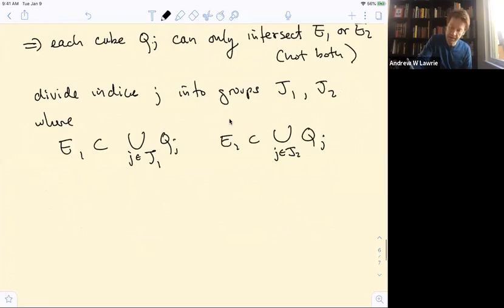And I want these index sets to be non-overlapping, so the intersection of the index sets is the empty set.